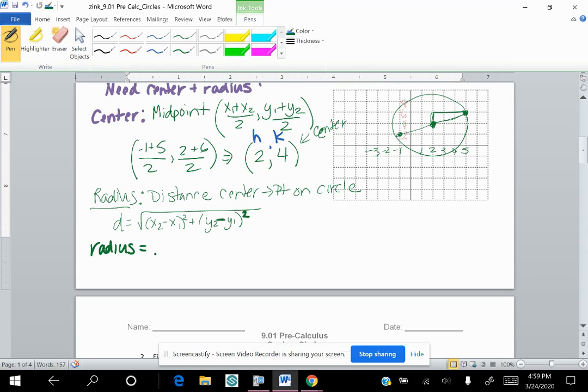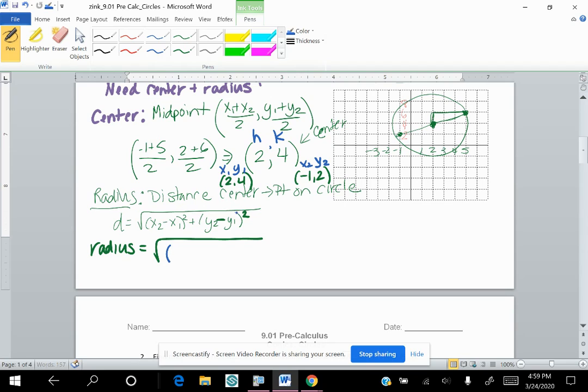So I'm going to say radius equals, and I'm going to substitute in. I'm finding the distance from my center, which is (2, 4), to the first point I was given, (-1, 2). Here I'm calling these x1, y1, x2, y2.